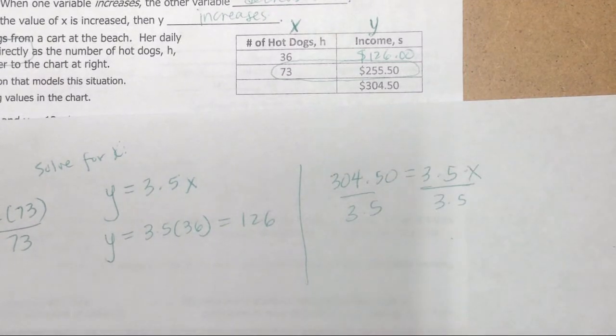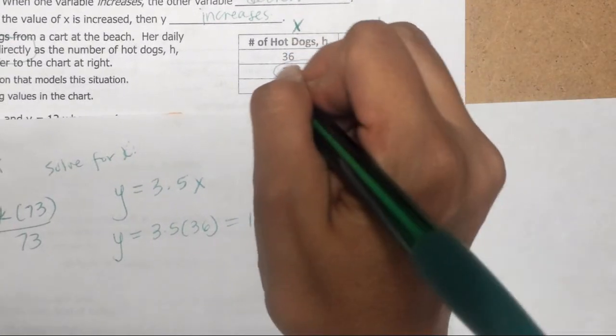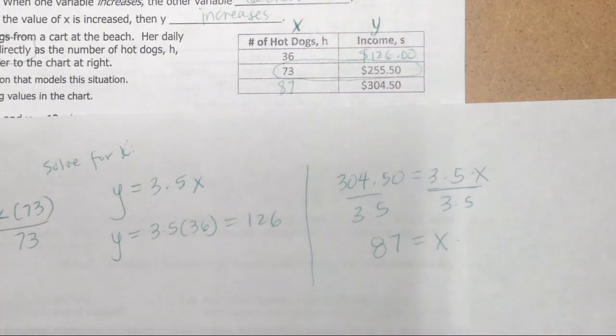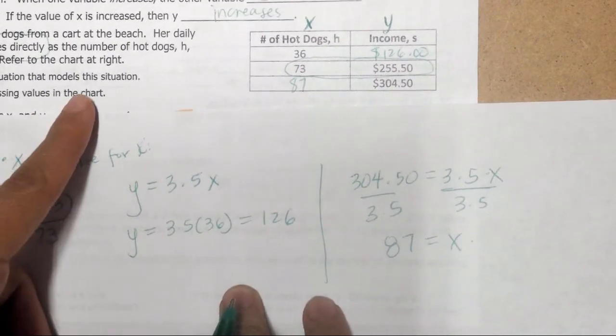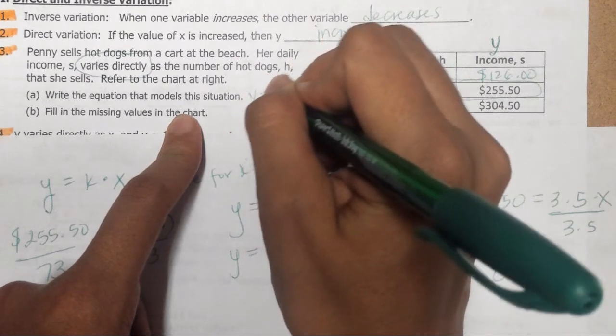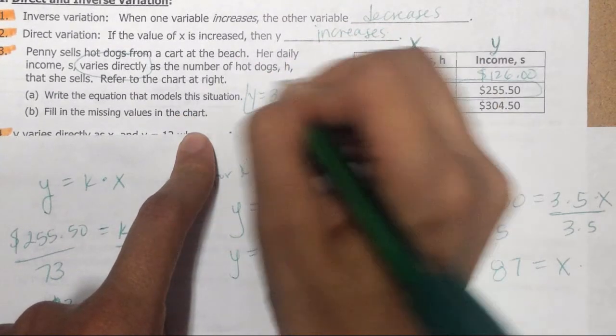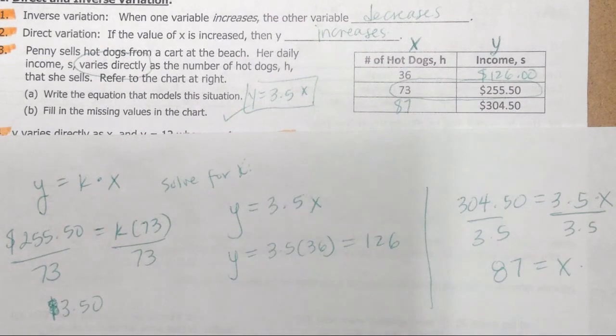So 304.50 divided by 3.5, plugging that in my calculator, I get 87. So this one is 87 hot dogs. Alright, so part A was write the equation for this situation: y equals 3.5x, and then filling in the missing values of the chart. We just did that. Good.